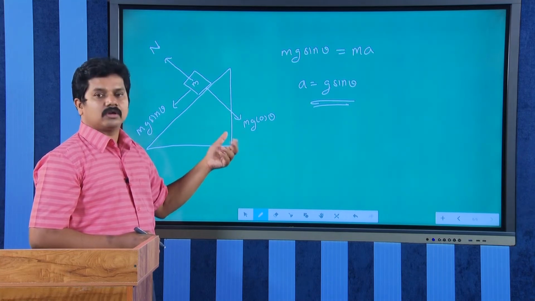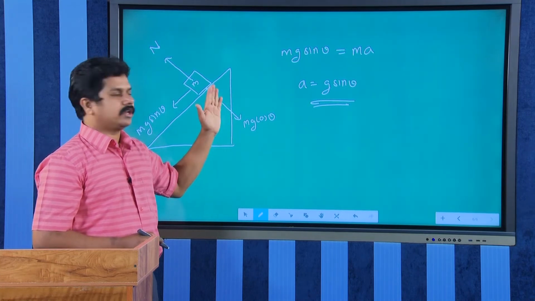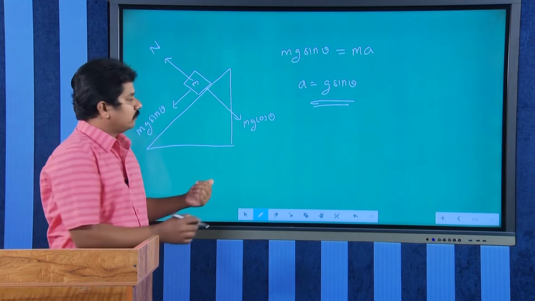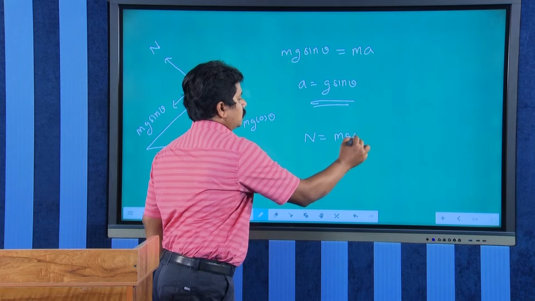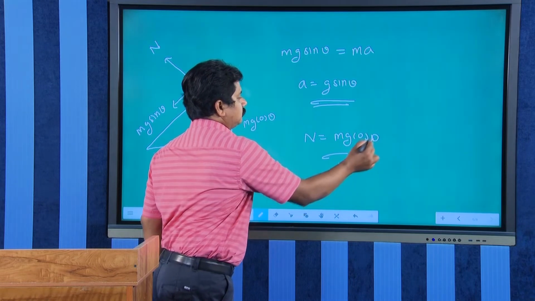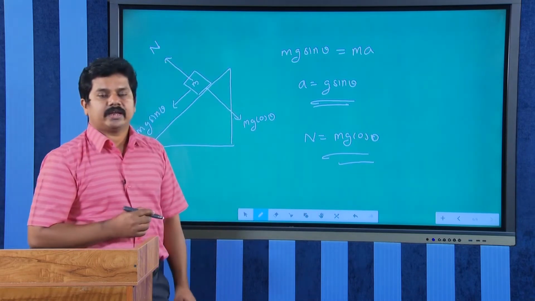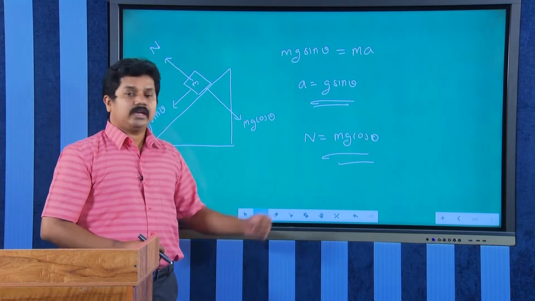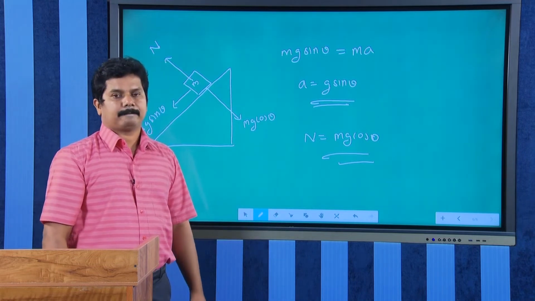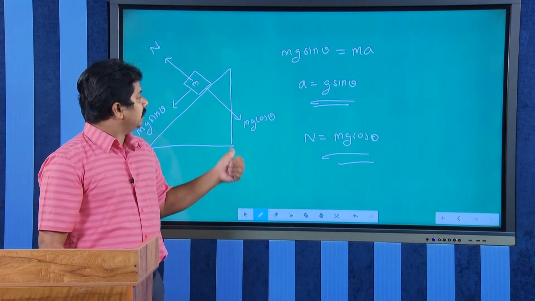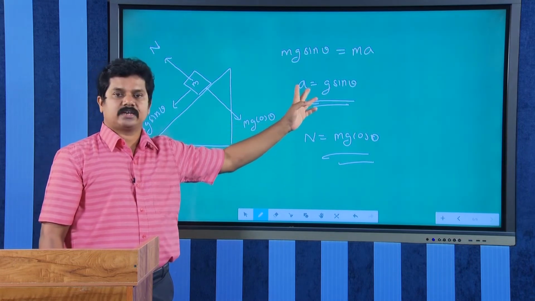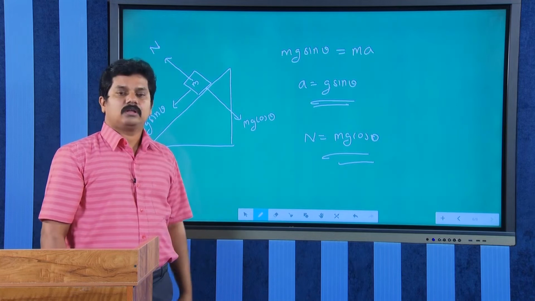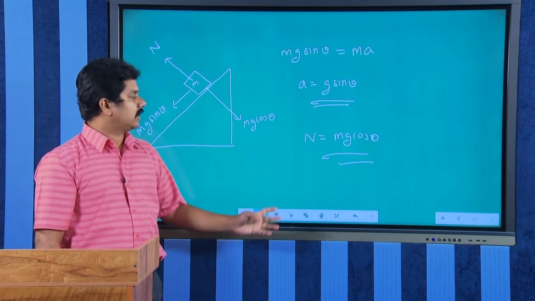So, they get cancelled, or there is no motion perpendicular to the plane. So, we can write N equal to mg cos theta. So, the normal reaction in this case will be N equal to mg cos theta. Okay. Now, we get the relation: acceleration of the block along the plane is g sin theta and normal reaction is mg cos theta.